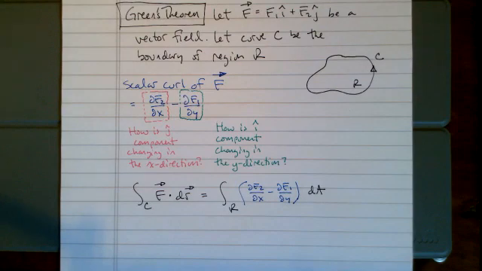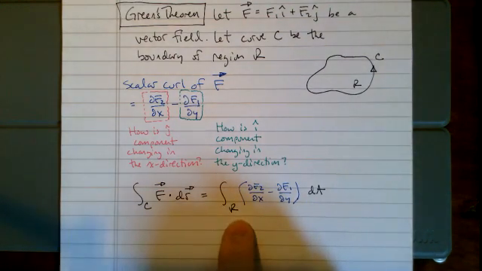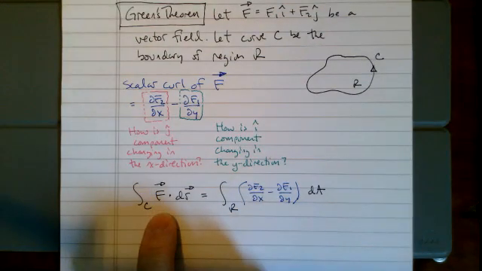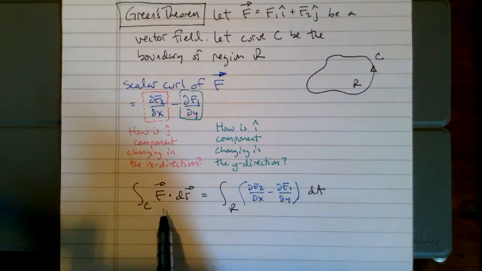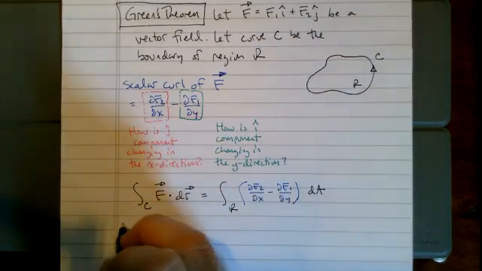And so the style of theorem that we have here is that we're evaluating some function on a region by looking at what's going on around its boundary. That's one way we could think of what's going on in Green's theorem. What we're looking at here is that we're equating values from a line integral and values from a double integral.